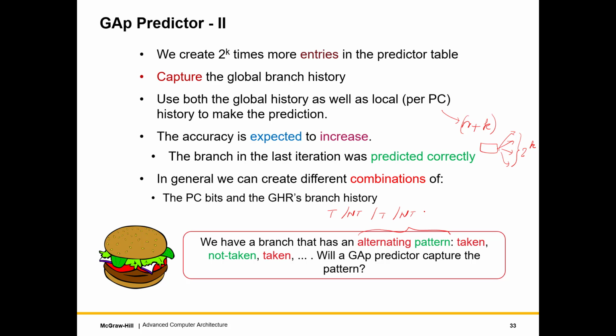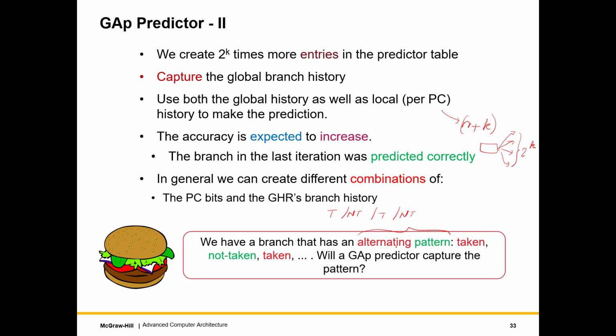So it is clear that a saturating counter will not capture this pattern, because saturating counters are designed to capture steady state behavior. But this behavior needs to be captured. So the question is, will a gap predictor capture this pattern?